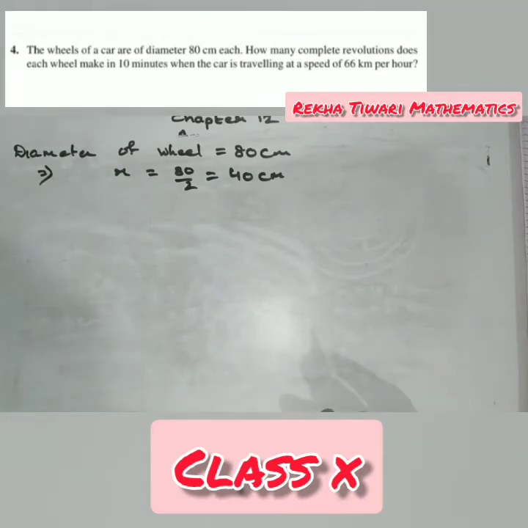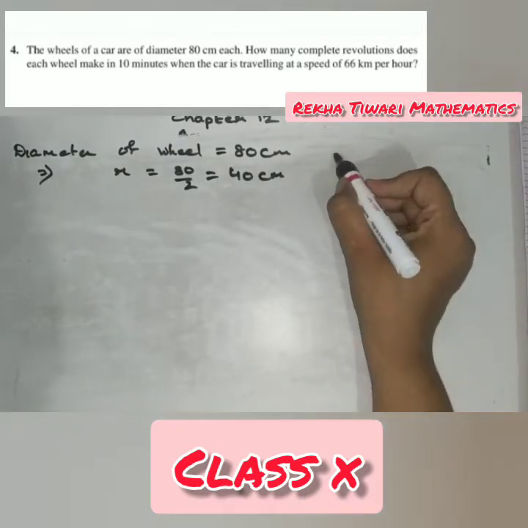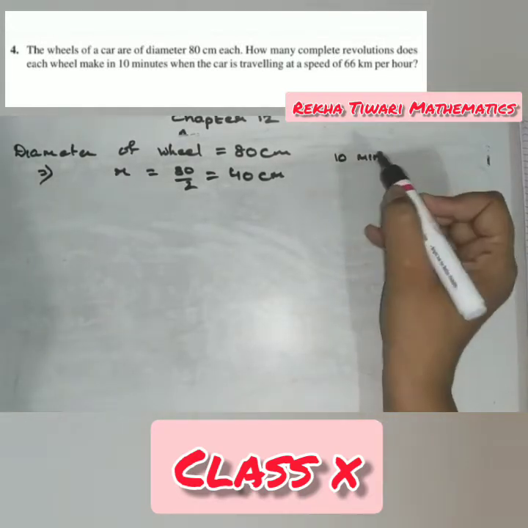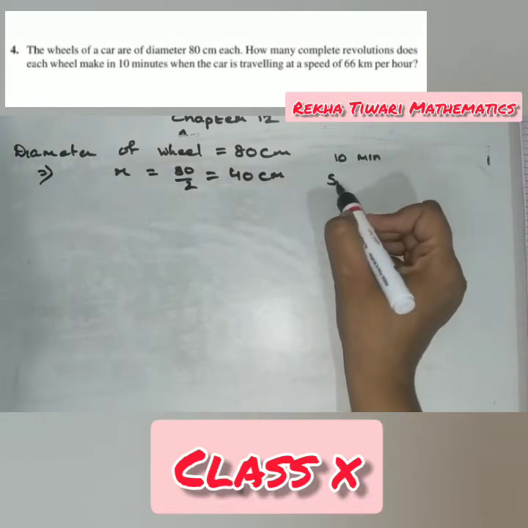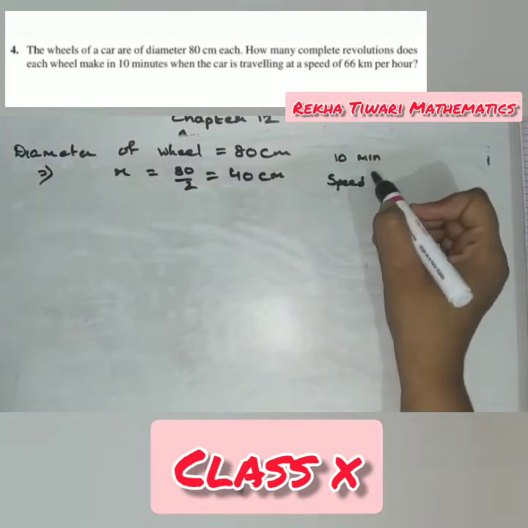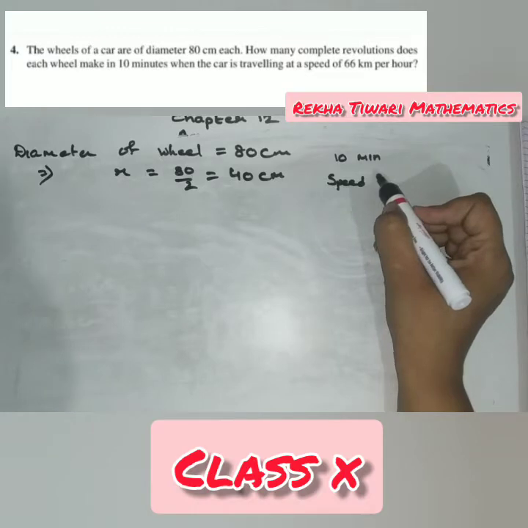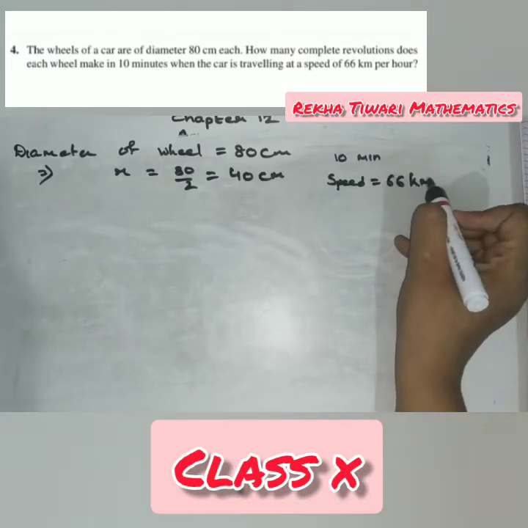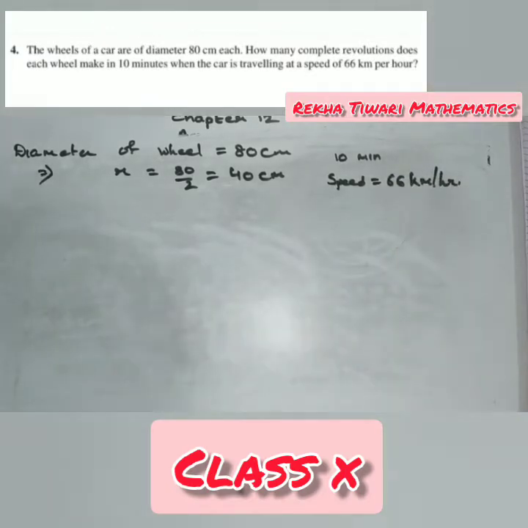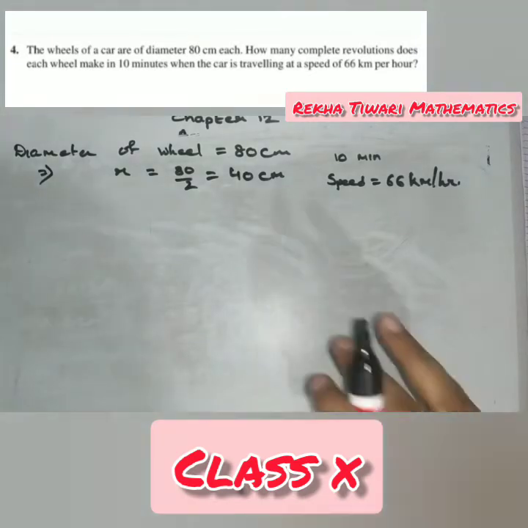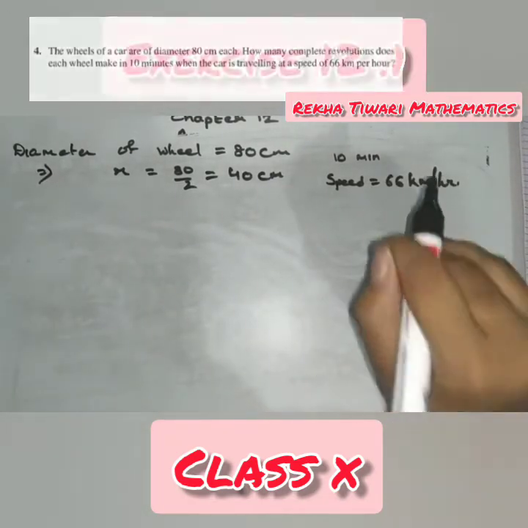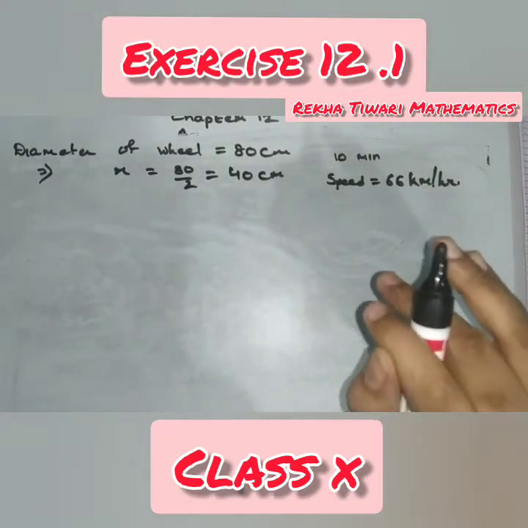What else is given to you? You have to find the complete revolutions each wheel makes in 10 minutes if the speed of the car is 66 km per hour. First of all, let us find the distance covered by the car in 10 minutes.